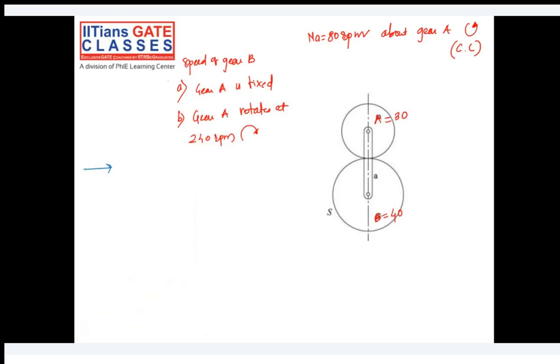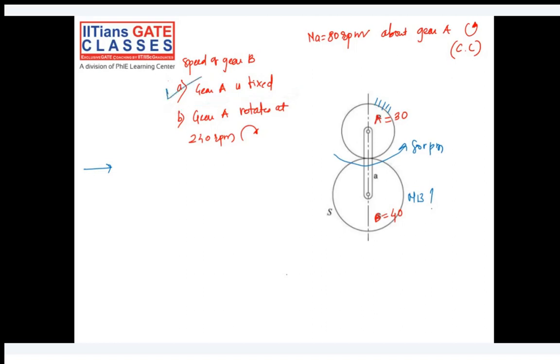In the first case, gear A is fixed, and the arm is rotated in counterclockwise direction about gear A at 80 rpm, and you are supposed to find NB in this case. So this is the first question. We will focus on it, and then I'll explain the concept of the second question.